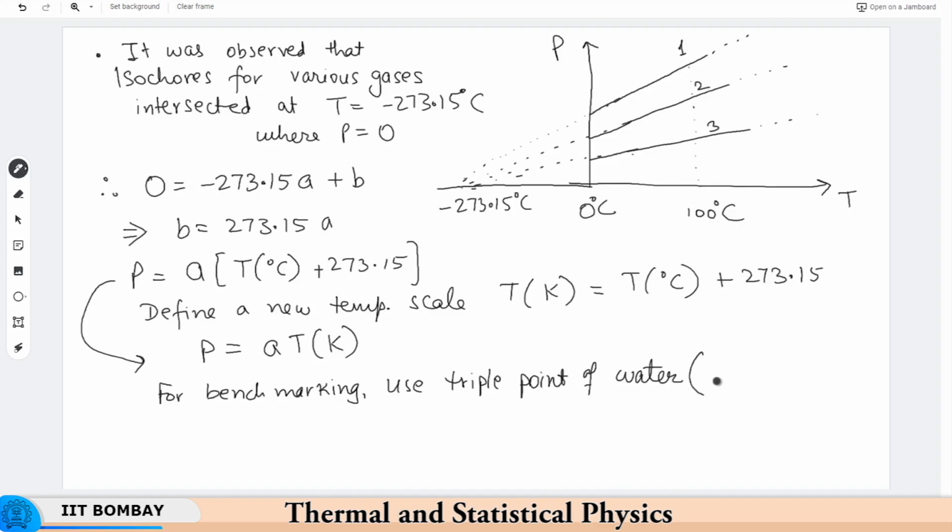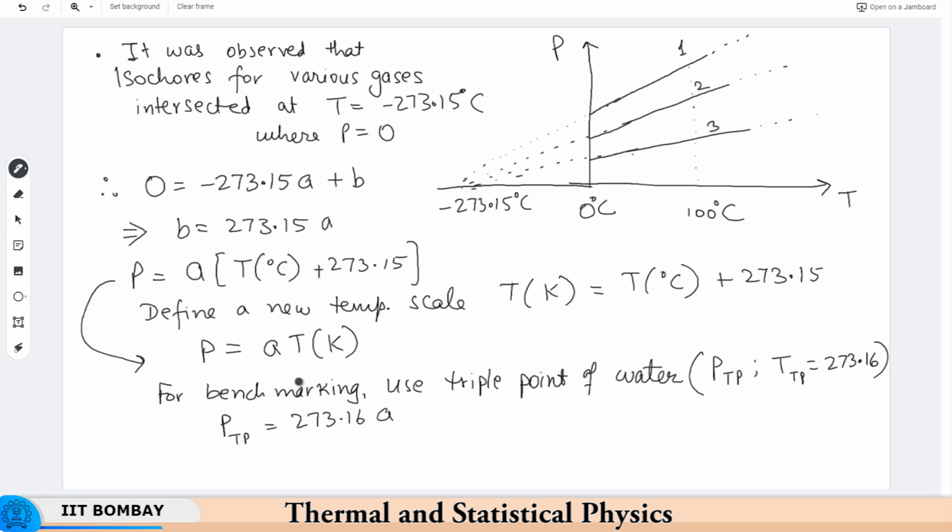Okay, and the triple point of water corresponds to a certain pressure, which is P triple point, and a certain temperature, let us call it T triple point, and it turns out this temperature is 273.16, okay. It's 0.01 degrees Celsius, slightly higher than 0 degrees. So if you put that here, we can rewrite this equation as P triple point equals 273.16 times A, right, because T triple point of water is 273.16.